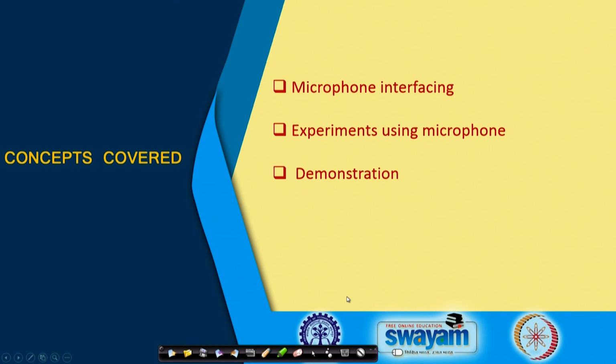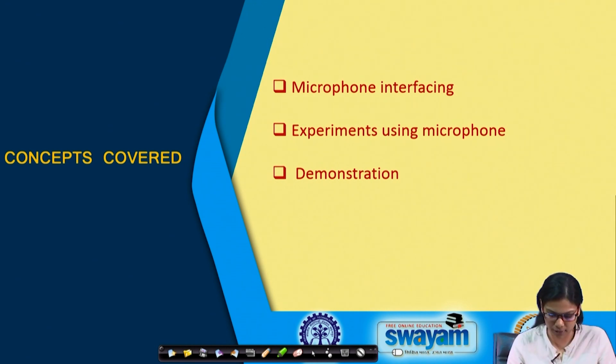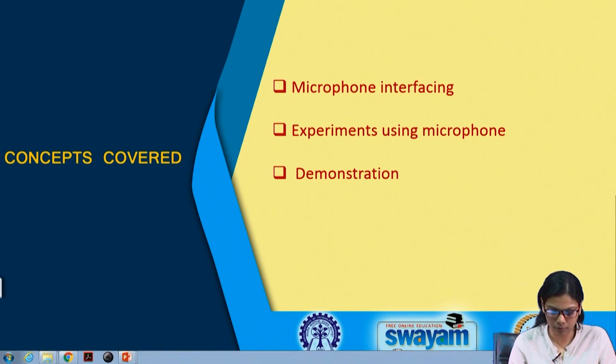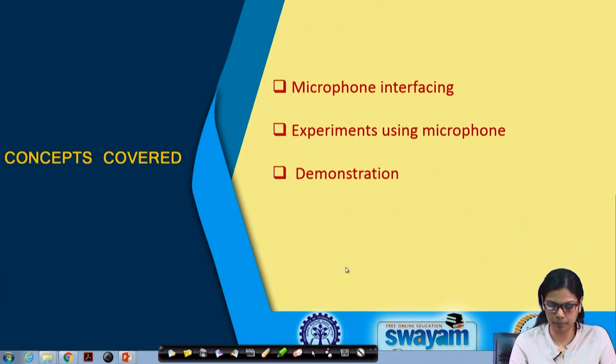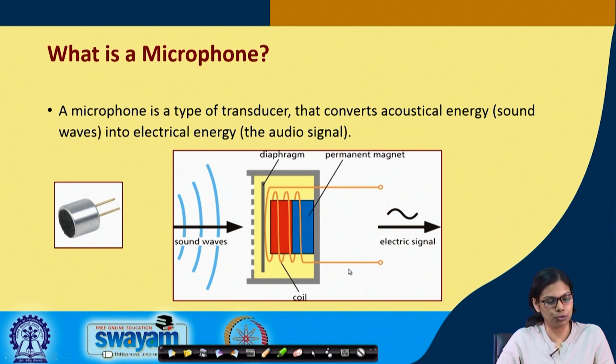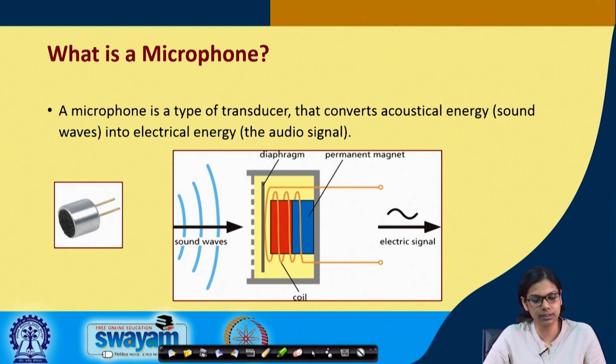In this lecture I will be discussing microphone interfacing and some experiments using a microphone, and finally I will demonstrate. What is a microphone? It is a type of transducer that converts acoustical energy, that is the sound waves, into electrical energy, that is the audible signal.